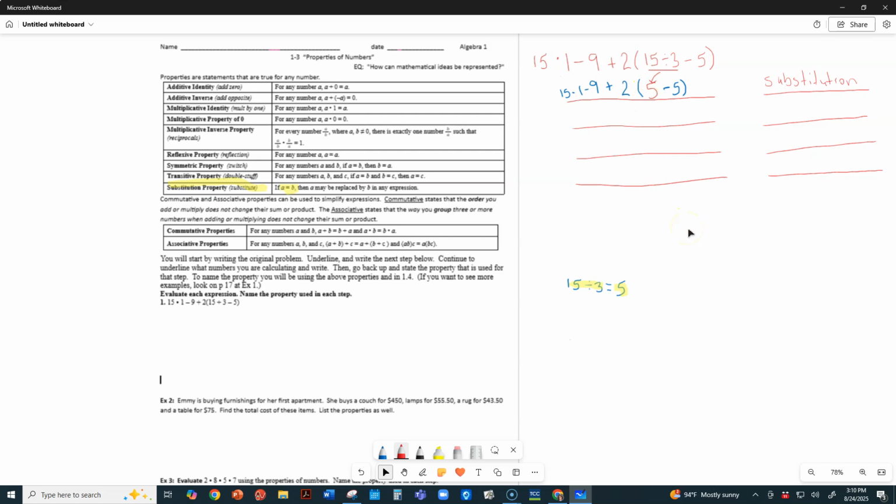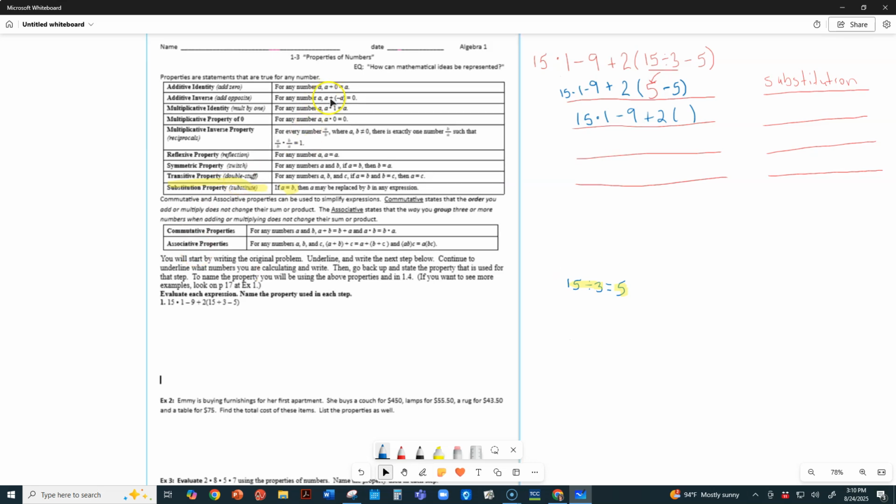So we're going to continue to work through this problem. And the next thing we're going to have to do is here 5 minus 5. So we're still going to be carrying all this other stuff along. 15 times 1 minus 9 plus 2 times. And here we have 5 minus 5.